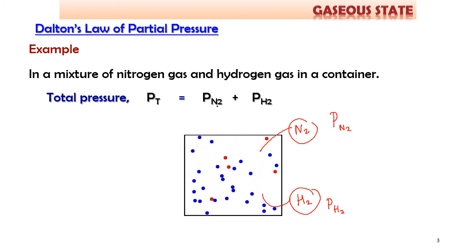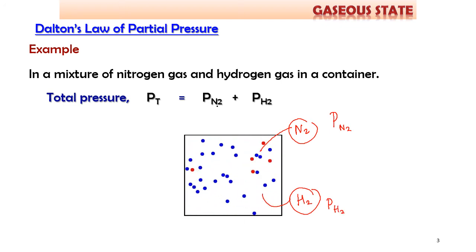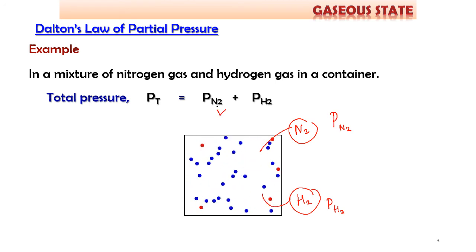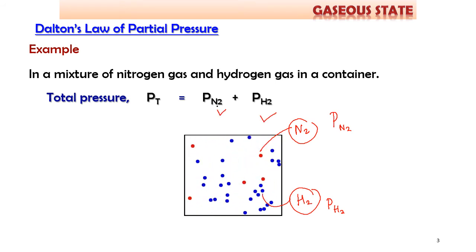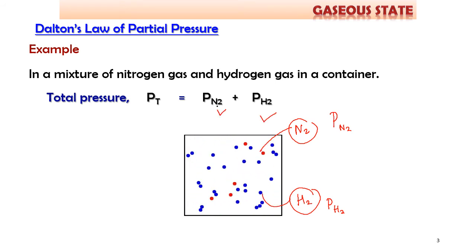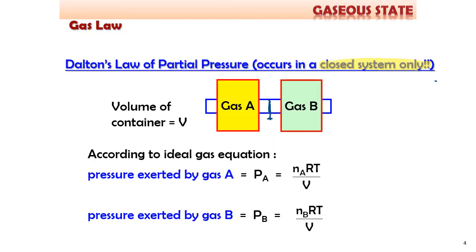So if you want to find the total pressure, it is partial pressure of nitrogen plus partial pressure of hydrogen gas. So you need to take note that it only occurs in a closed system.